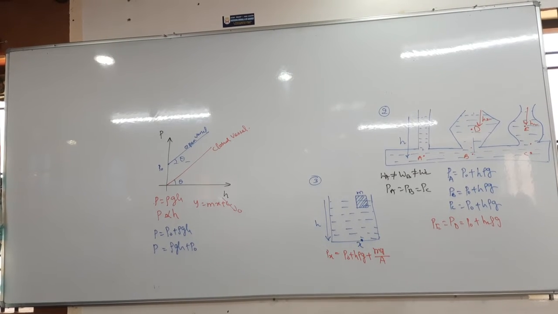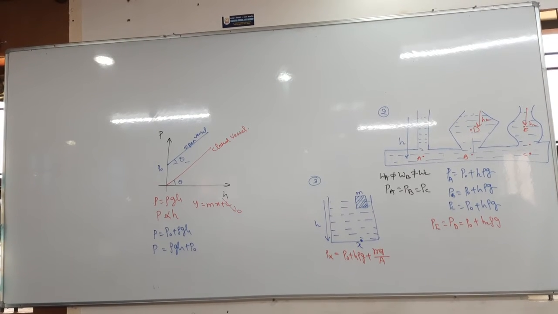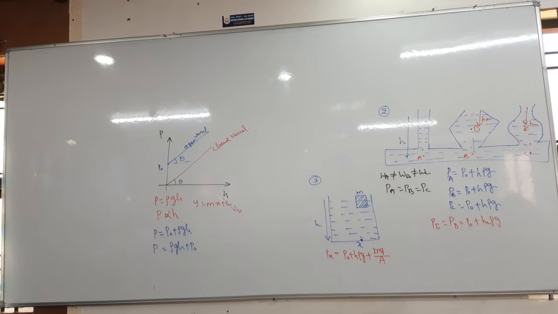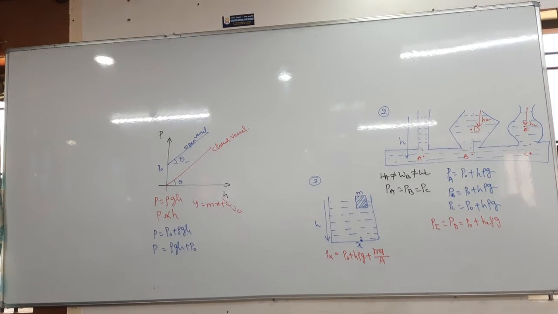Open vessel or closed vessel? Open vessel they are saying. First one 2 into 10 power 5 means how much? 2 atmosphere. Four. Yes, correct. Very good.